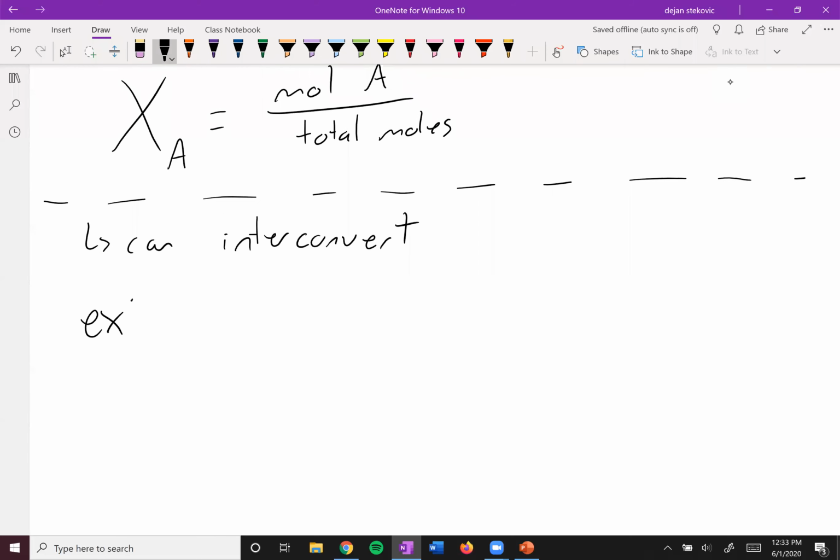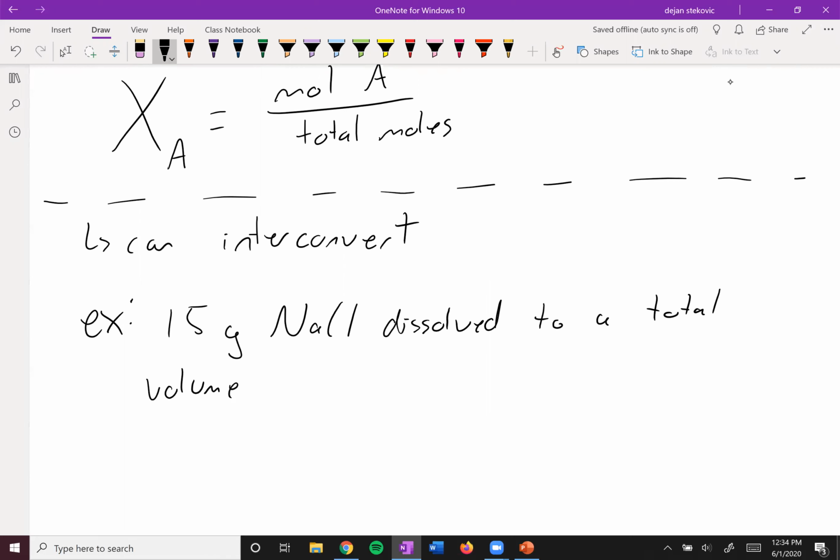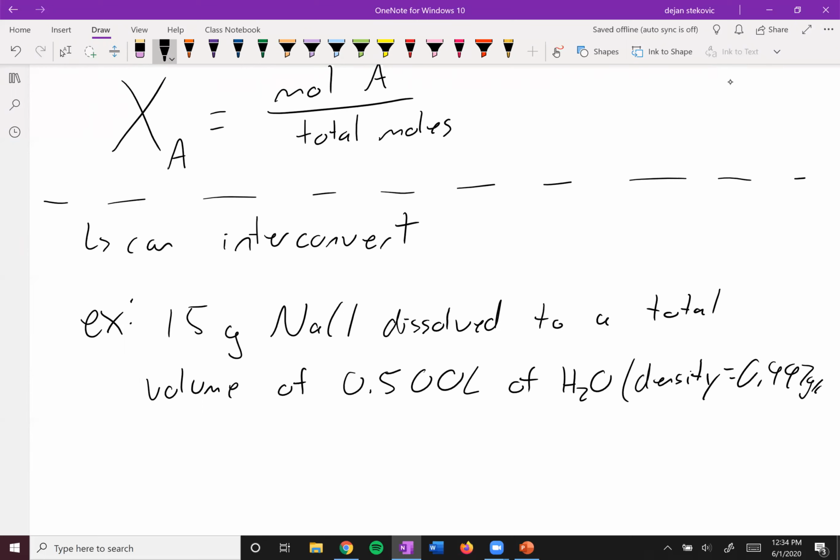So for example, 15 grams of sodium chloride dissolved to a total volume of 0.500 liters of water, with, we'll say, the solution density equal to 0.997 grams per centimeter cubed.